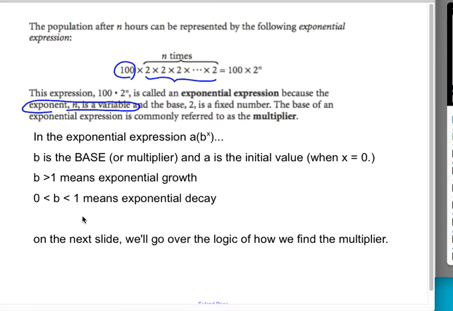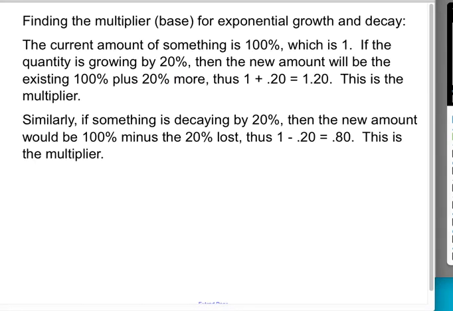If b is between 0 and 1, we have what's called exponential decay, which means the quantity is decreasing exponentially. On the next slide, we're going to go over how to find these multipliers when you're given a word problem situation. Again, we're going to spend this entire chapter on exponential and logarithmic stuff, so don't panic if this seems like a lot.